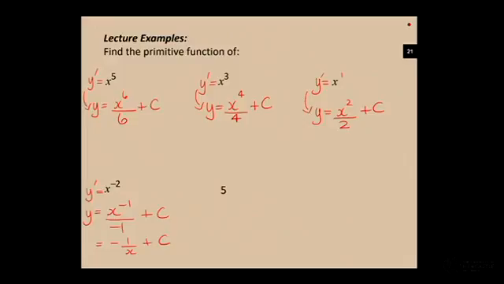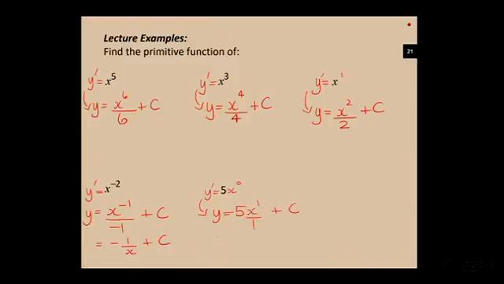Now this guy here seems to stump a lot of people. So people say, where's the x and what's its power? There is an x, a constant has an x to the 0. So what happens here is when you go backwards, it would say the 5 stays where it is, it's a constant, the x gets a 1 and it gets divided by a 1.